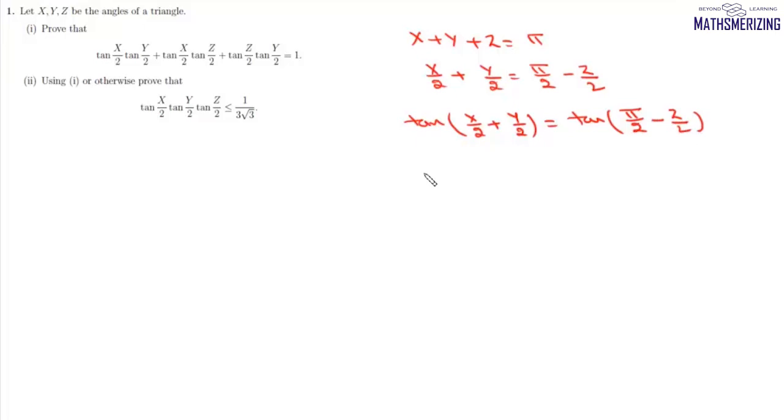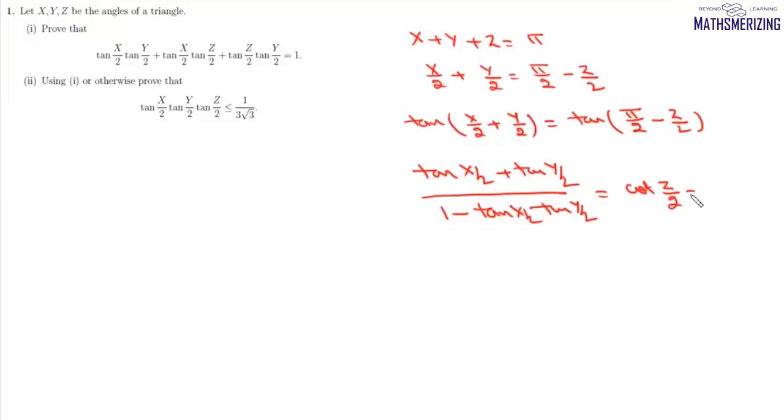Now this is tan(a + b), so it will be (tan(x/2) + tan(y/2)) upon 1 - tan(x/2)tan(y/2), and here it will be tan(90 - theta), which is cot(z/2), and we can also write it as 1 upon tan(z/2).